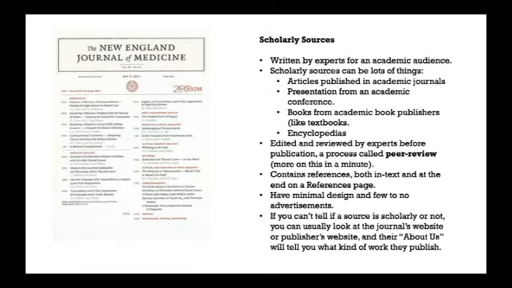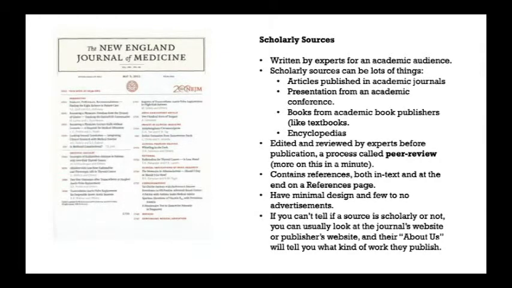They can also be easy to spot because they usually have minimal design and few to no advertisements. Here on the left is the New England Journal of Medicine cover. The cover is actually the table of contents, which is a pretty cool design choice, but it's not eye-catching or flashy.